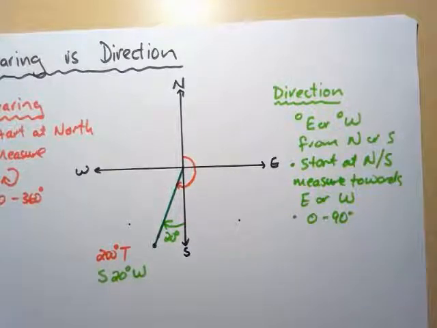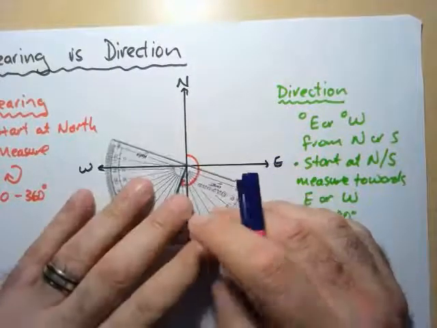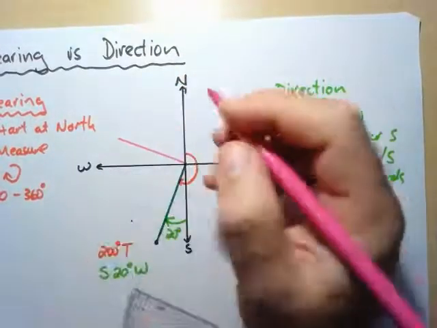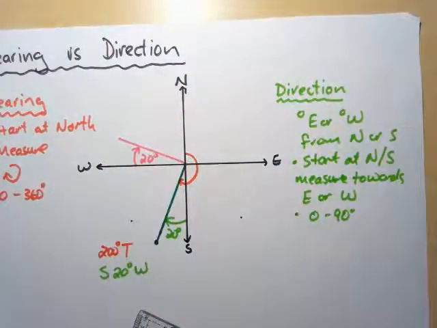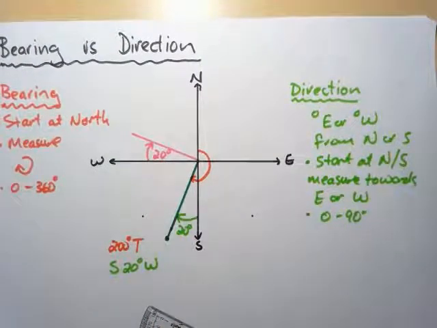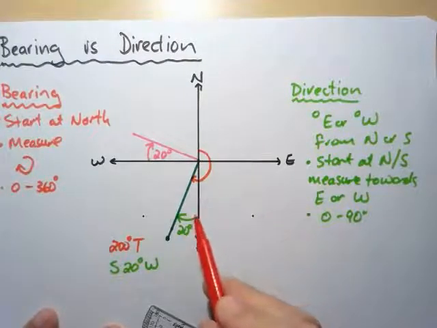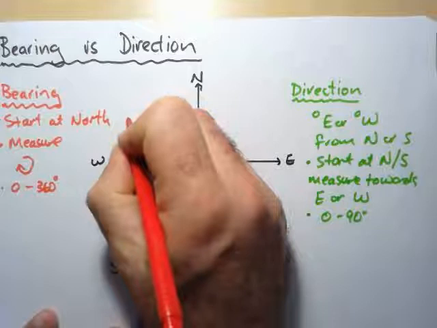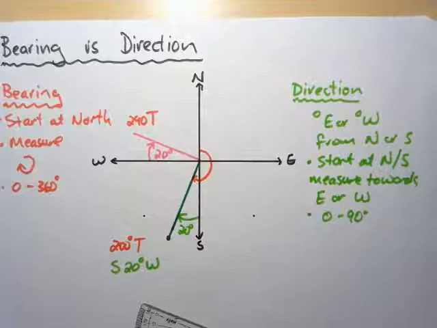What you have to be careful of is the following. Let's put another line in there, and I'm not even going to measure it. Let's say that is 20 degrees. The bearing will be: this is 90, this is 180, this is 270. 270 plus 20 is 290 degrees true. And that is 100% correct.